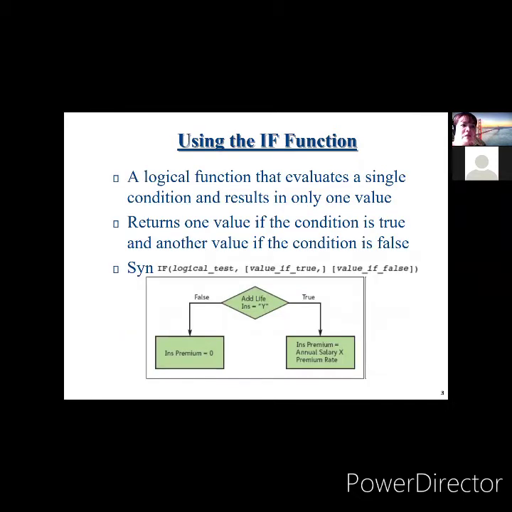Okay, the logical function that evaluates a single condition results in only one value, katulad ng ibinibigay dito sa diagram na ito with the use of the flow chart. So nakalagay sa conditions na nasa loob ng diamond, add life. If the add life is equal to yes, if it is true, so ang kanyang flow is sa true path and it contains an instruction that you have to compute, no?